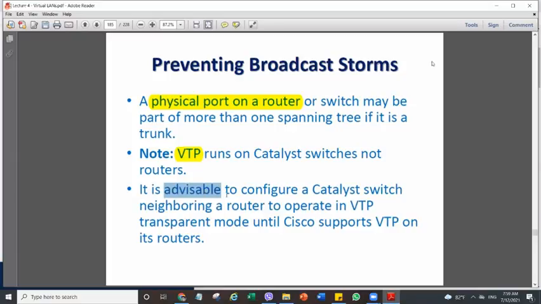So it is advisable to configure the catalyst switch neighboring a router to operate in the VTP transparent mode until Cisco supports VTP on its routers.